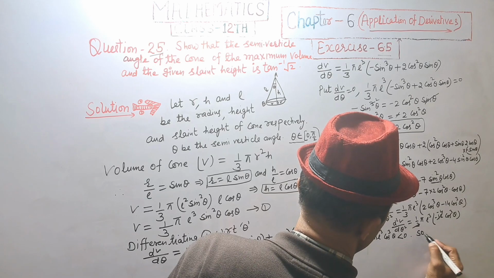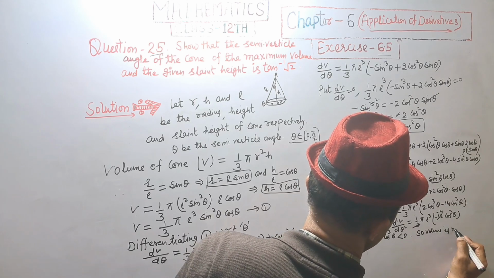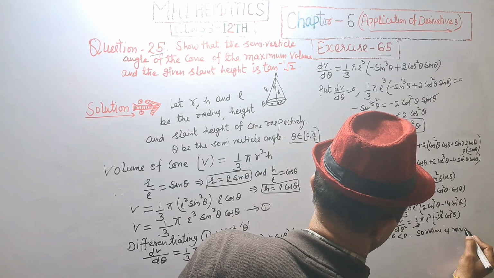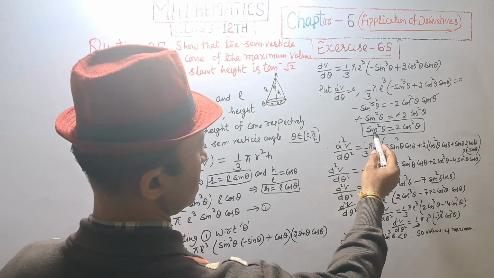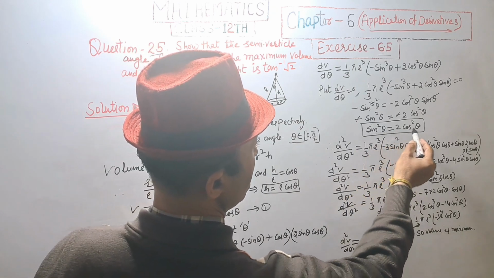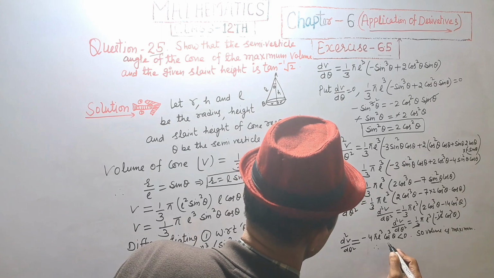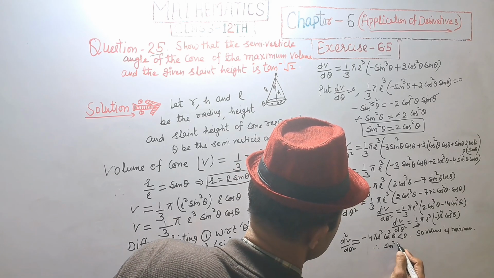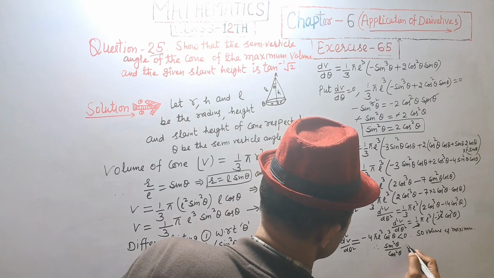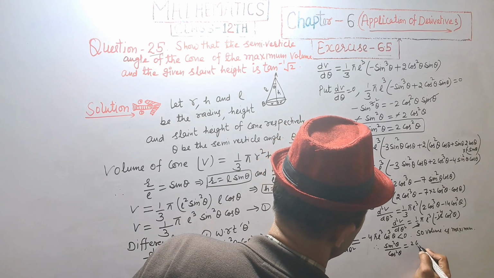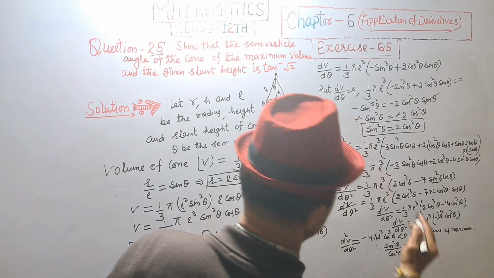So volume is maximum and dV divides, so sin square theta upon cos square theta is equal to 2 cos square theta upon cos square theta.